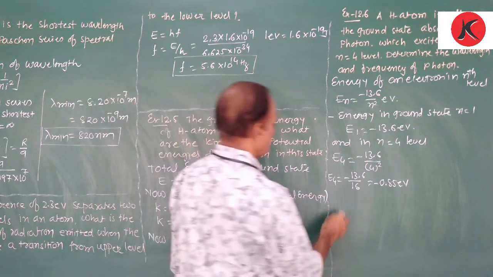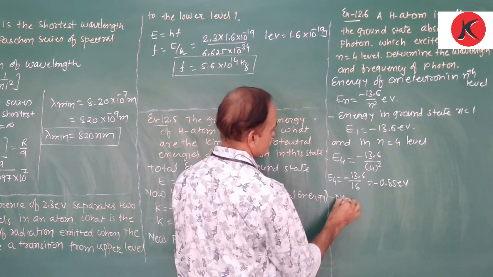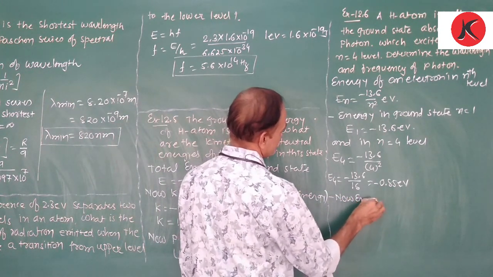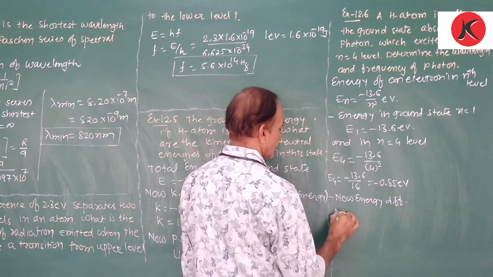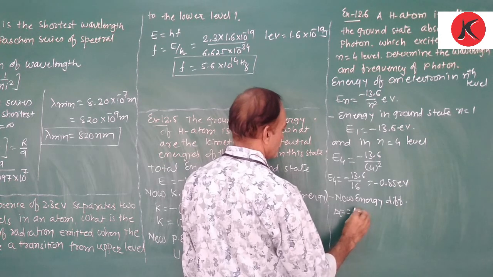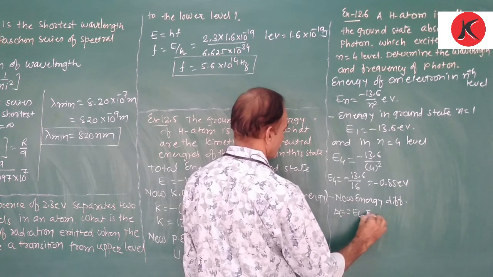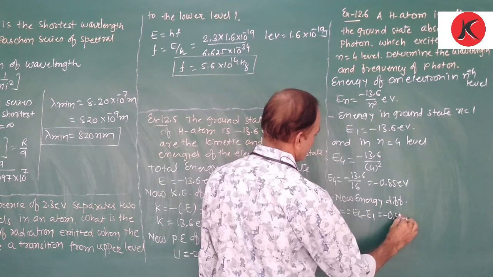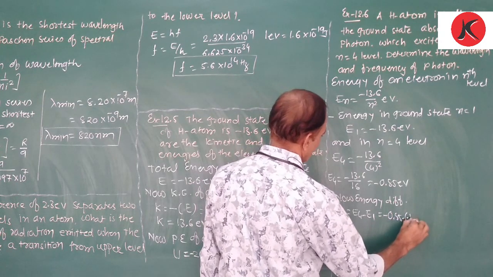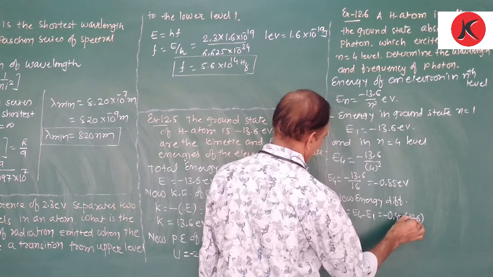Now, the energy difference delta E is equal to E4 minus E1, which is minus 0.85 minus of minus 13.6 electron volt.